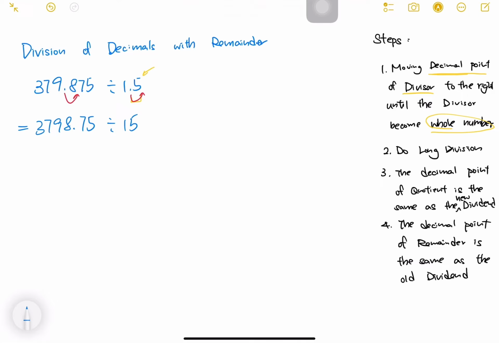Second, we have to do the long division and talk about how it works. We are doing the same thing as before. We use 3798.75 divided by 15, and we do it one by one. So there's 2, 30, 79, and then it's 5, 75, 48, 3, 45, and then 3.